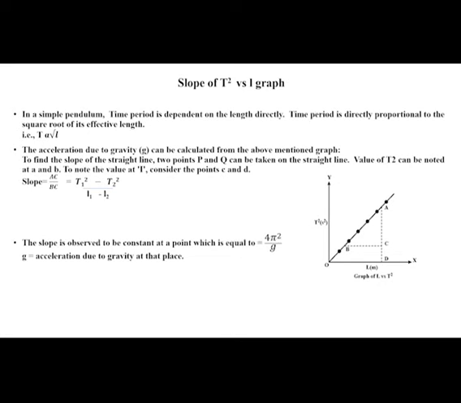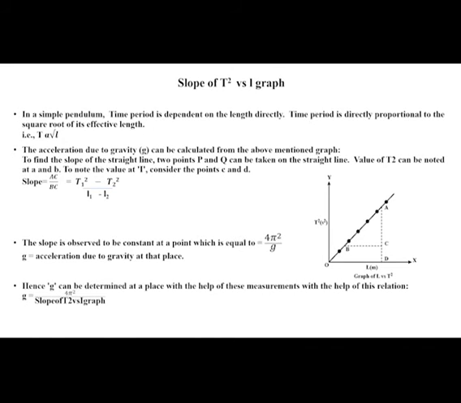The slope is observed to be a constant, which is equal to 4 pi square by g, where g is the acceleration due to gravity. Hence, g is equal to 4 pi square by the slope of the T square versus L graph. Hence g can be determined with the help of this measurement in this relation.